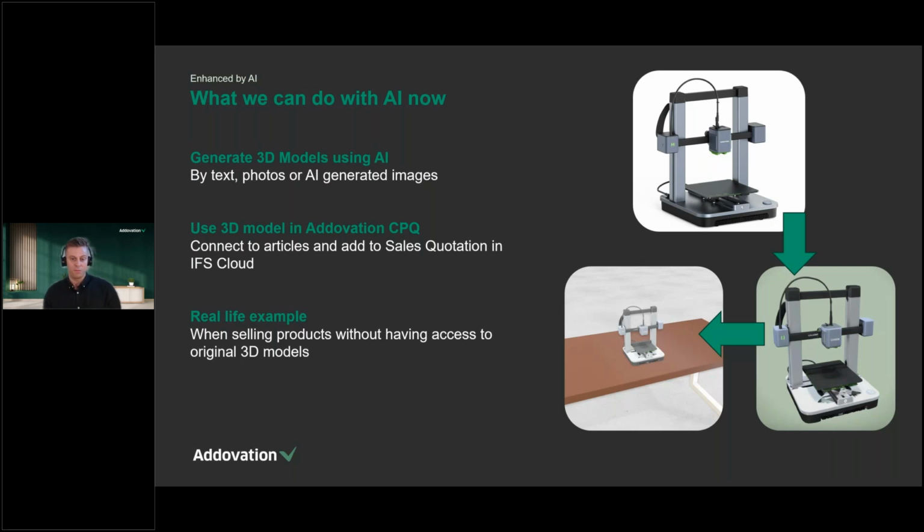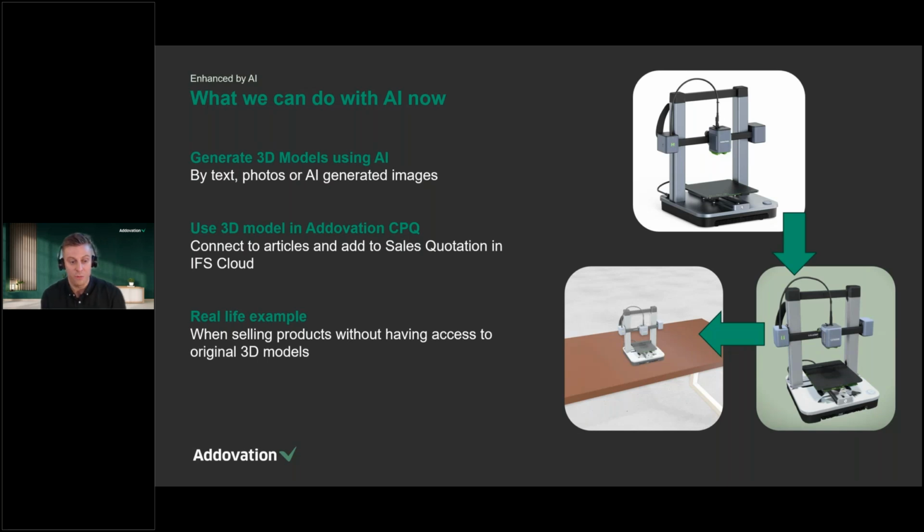When you then have the 3D model, you can upload it and start using it in Addovation CPQ. That's what you see here on the third image. When you have it in Addovation CPQ, you can connect it to articles, start working with it, configure it, and even add it to sales quotations in IFS Cloud, as Andreas showed you.